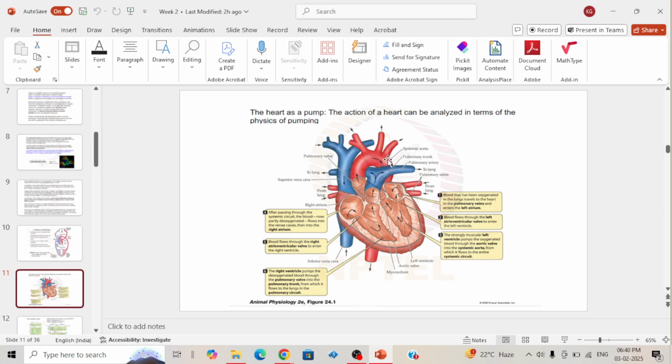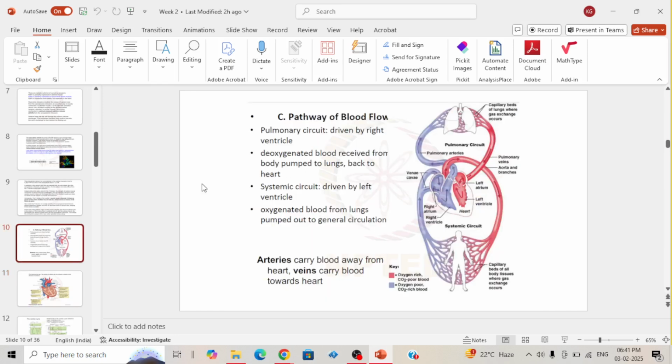So this systemic aorta will open, and the oxygenated blood will enter it, taking the blood to different parts of the body and distributing it there, where this oxygenated blood will supply the oxygen. Okay, so this is the basic functioning of the heart. This is how the whole cycle of oxygenated and deoxygenated blood works.